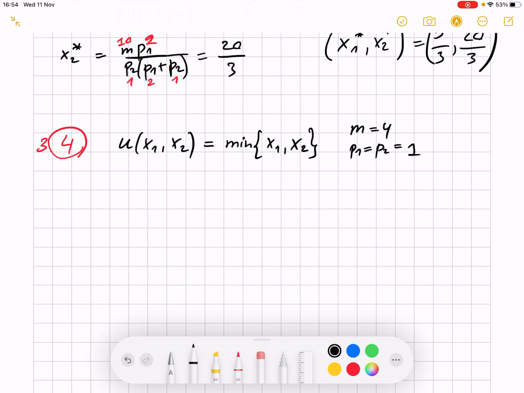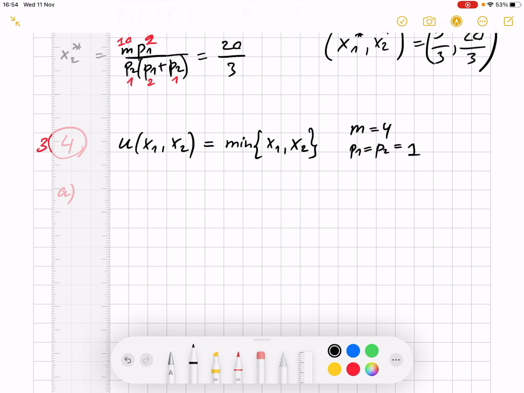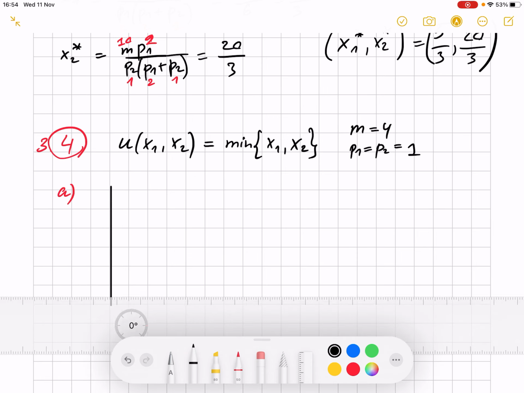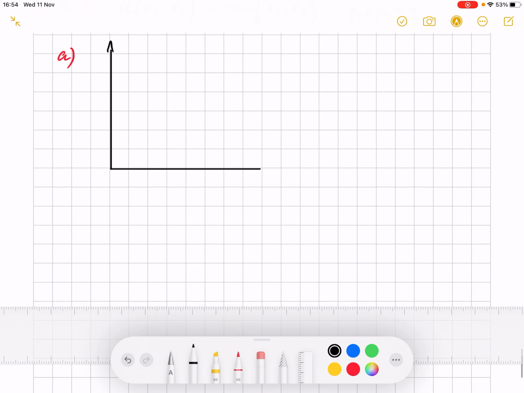and prices equal 1. So first we have to represent graphically the consumer's optimal choice. In order to do that, first we will need to draw correctly the preferences and budget constraint. Okay, so here we have x1 and x2.